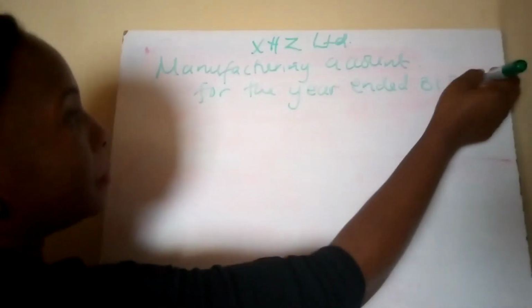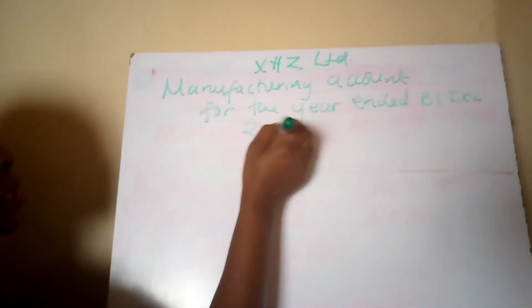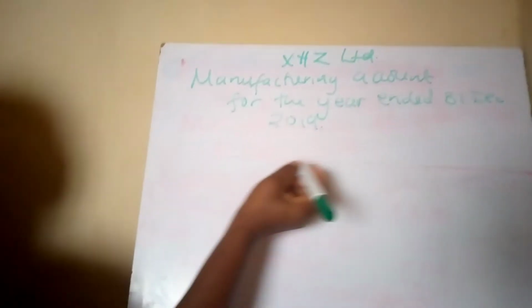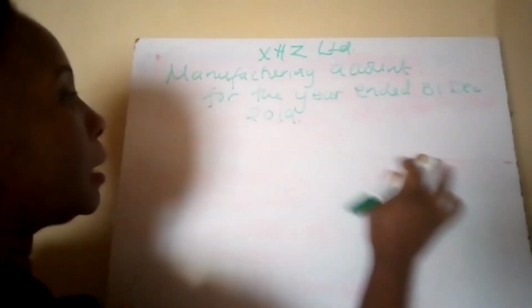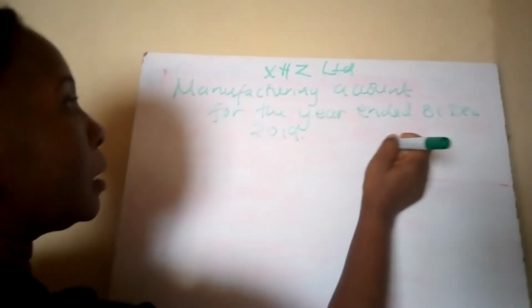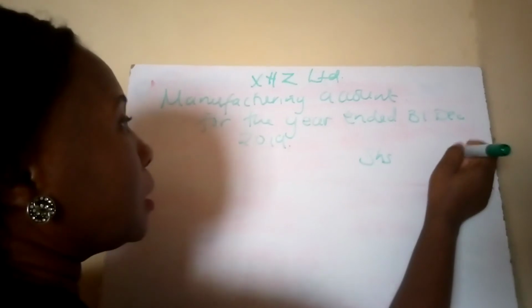It could be December, I'm assuming 2019. Now we begin by dividing, having the two columns.